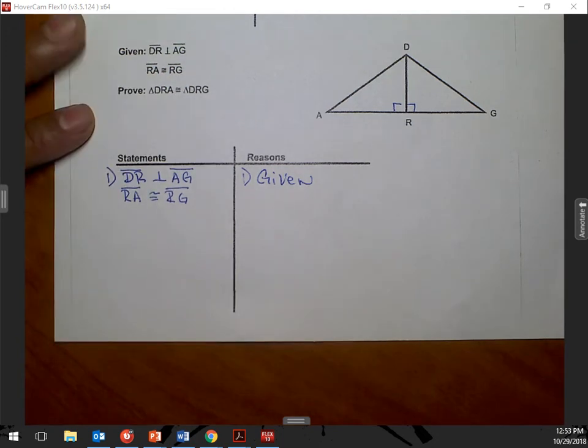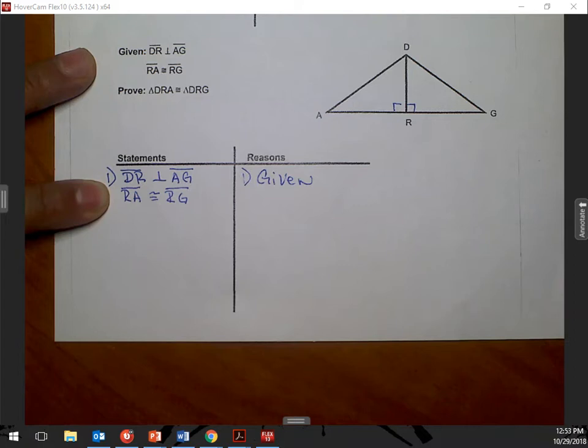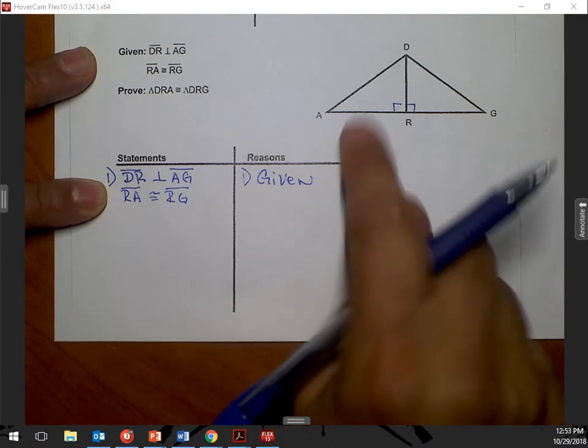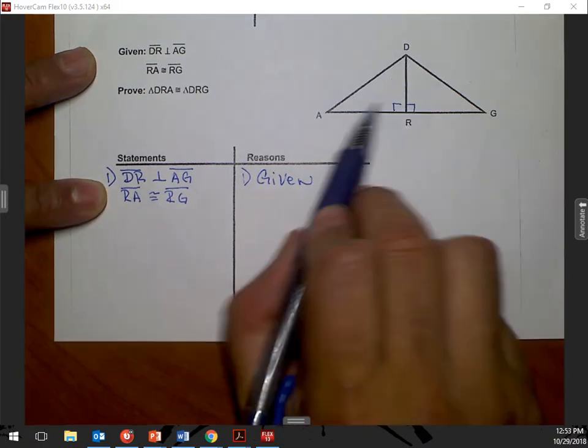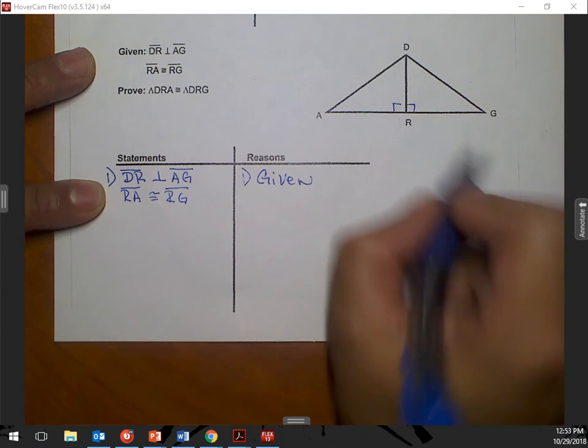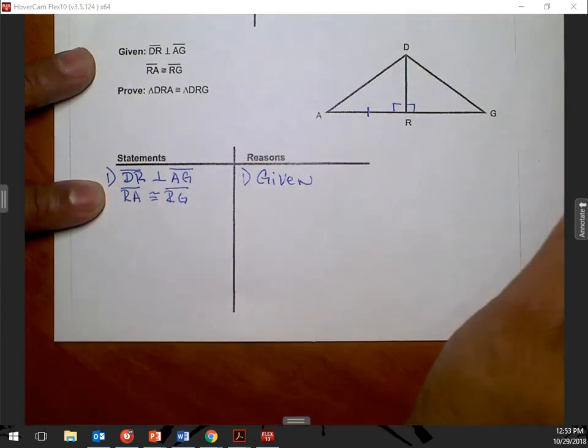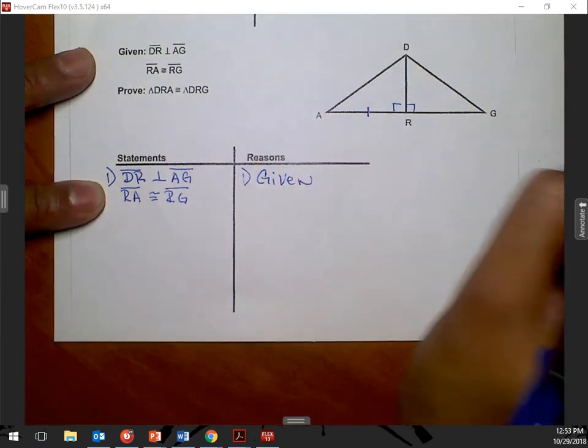Anyway. All right, so now the next thing says RA is congruent to RG. So what am I going to put on RA? A tick mark. Congruent to RG, what am I putting there? Tick mark.